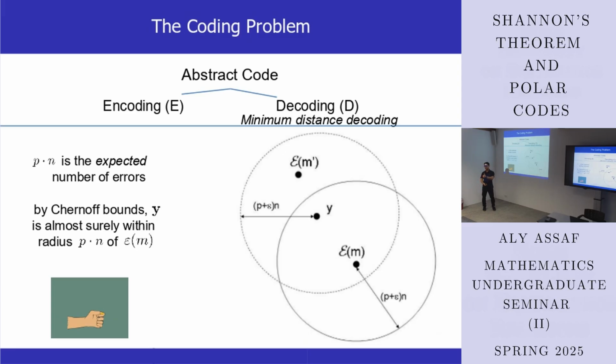Yes. Now another question. You said it's almost surely within radius p times n. So why is this obvious? Okay, you have a coin flip here. We flip a coin 100 times, right? You're going to get a value in between 45 and 50, somewhere around that. The larger we go, the closer it's going to be to the halfway.